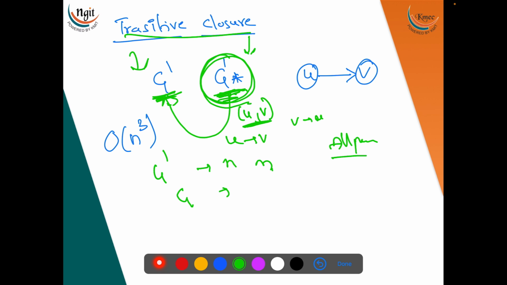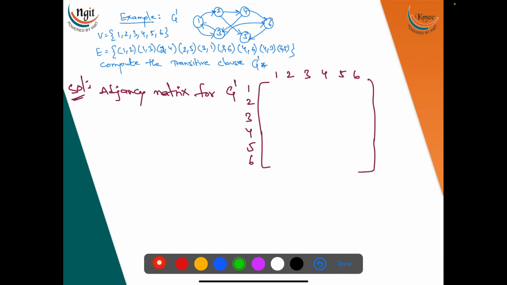Now we are going to do the same as in all pair shortest path, that is, find the reachability matrix from each of the vertices. Now let's see how we will find that using an example. The example is, consider the digraph G'.